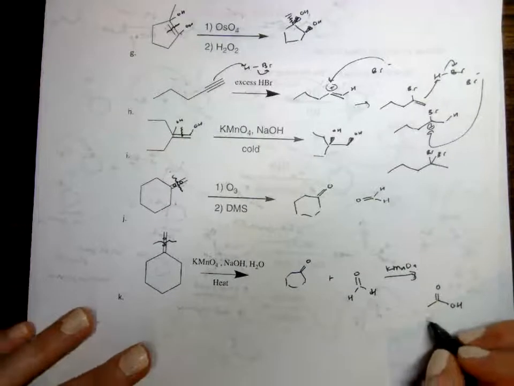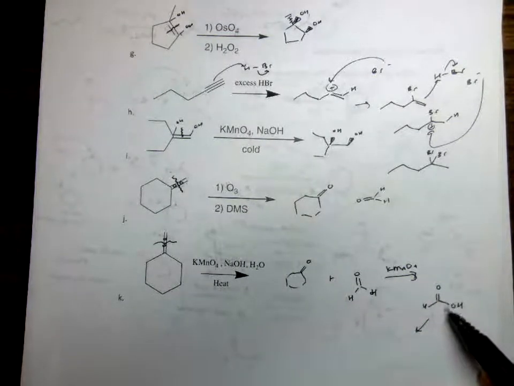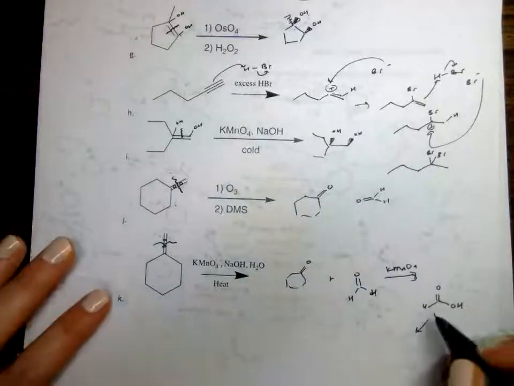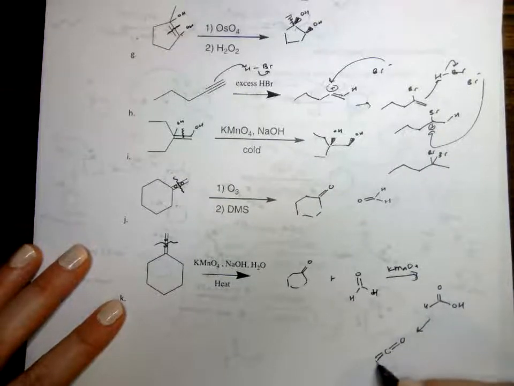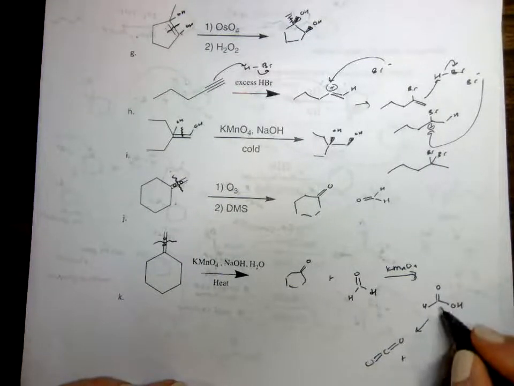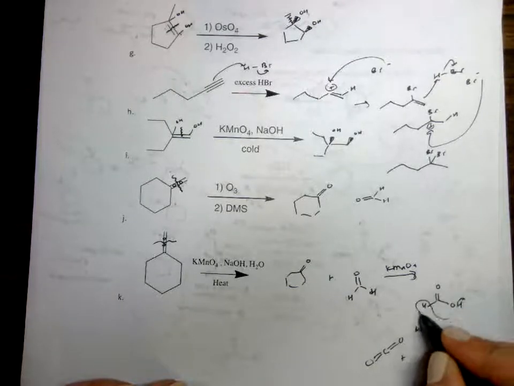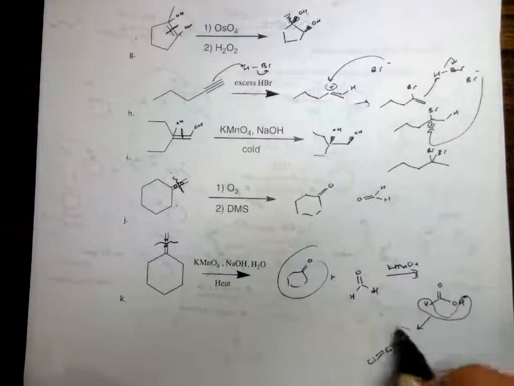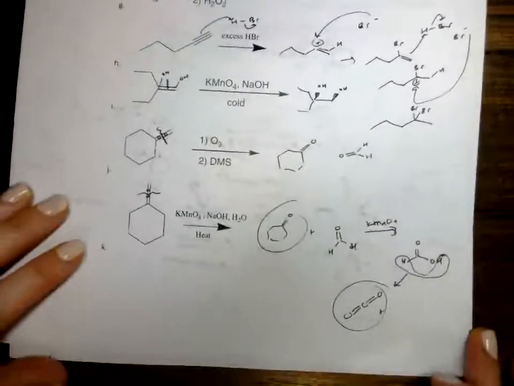And then we haven't talked about this in class yet, but if you have a carboxylic acid with a hydrogen on the other side in the presence of KMnO4, it will actually further oxidize this to CO2 plus, I think, water as well as a side product. So you end up with this and then the fully oxidized formaldehyde to get CO2.